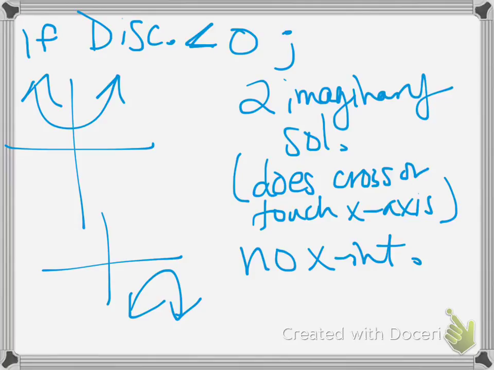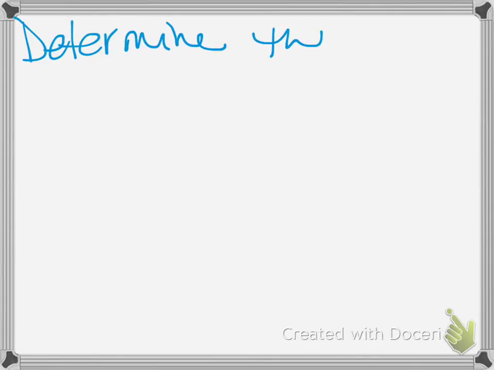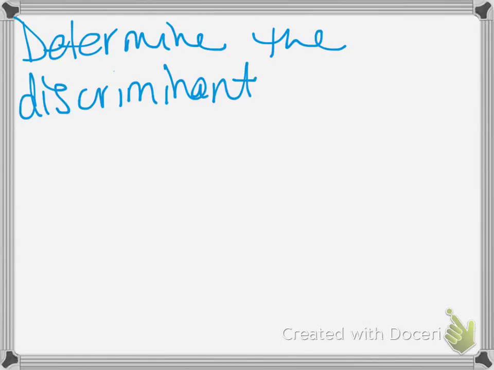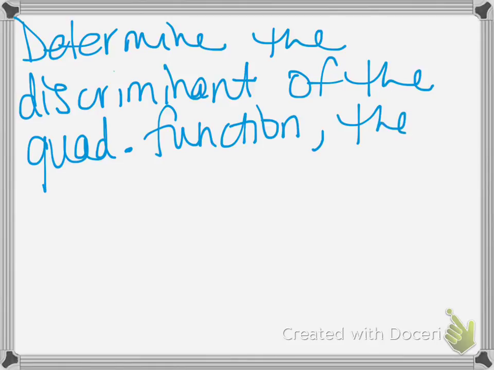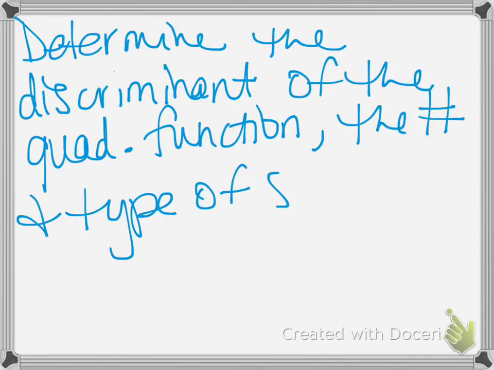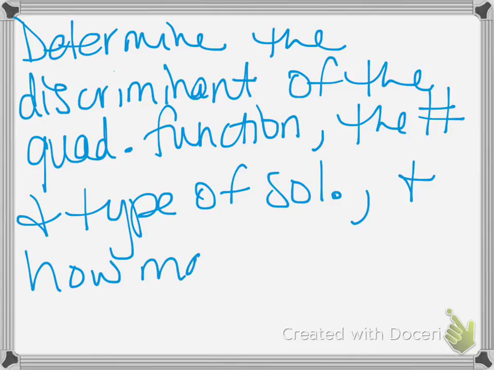Okay, so now what we are going to look at, the directions are to determine the discriminant of the quadratic function, the number and type of solution, and how many x-intercepts you have.